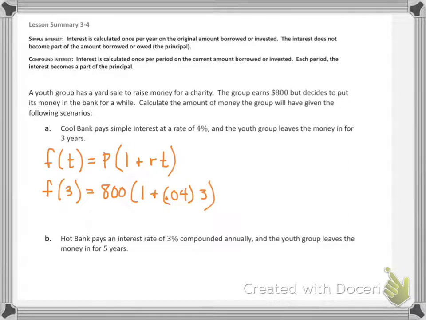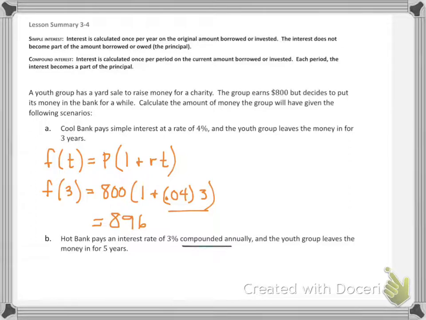And when you calculate this, it would be 0.04 times 3 first, order of operations. Then add 1, then multiply by 800, and our answer would be 896.